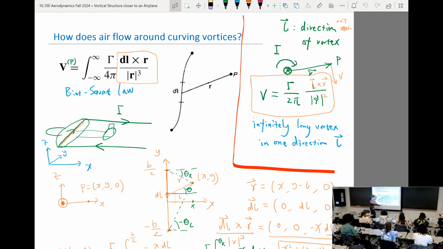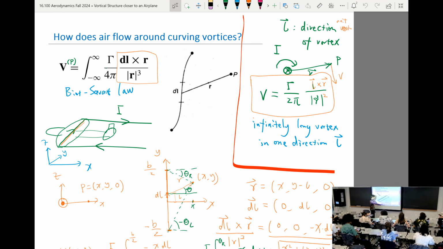We will be looking at a vortex that goes this way from infinity up to the left wingtip, then turns around, goes from the left wingtip to the right wingtip, and then turns around again, going from the right wingtip to infinity.